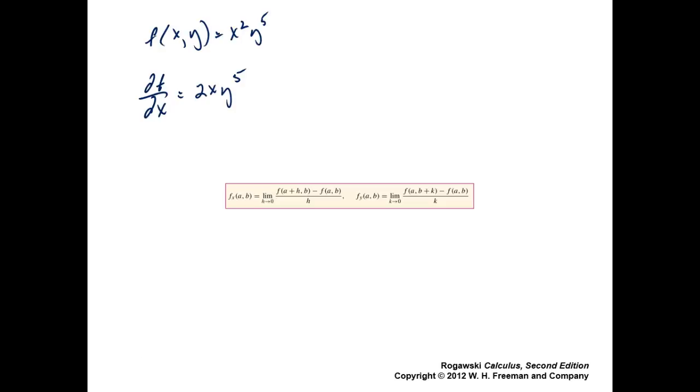But most of the time we leave it in order. All right, very good. Same function f, what is the partial of f with respect to y? Five x squared y to the 4th. Perfect. Okay?